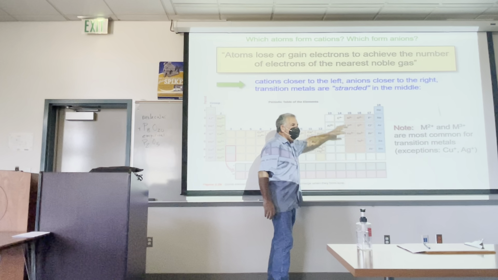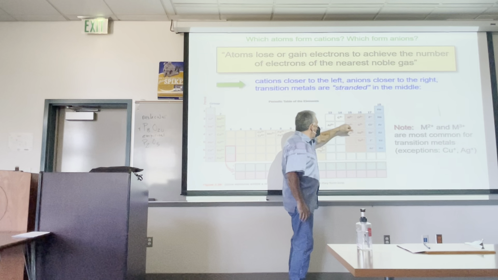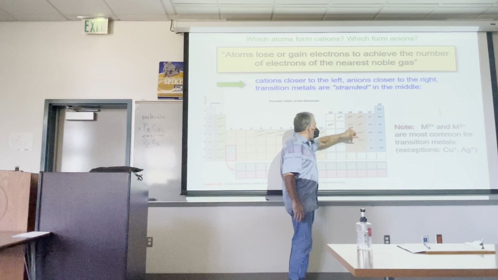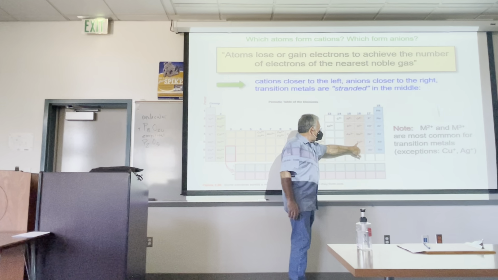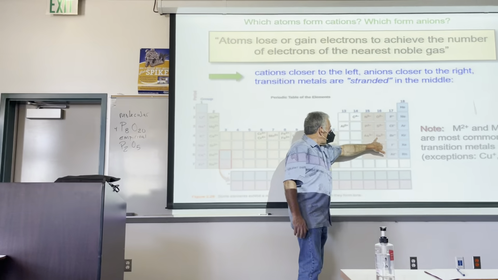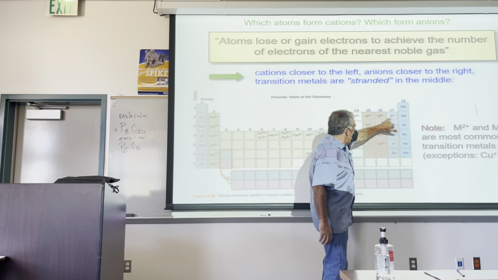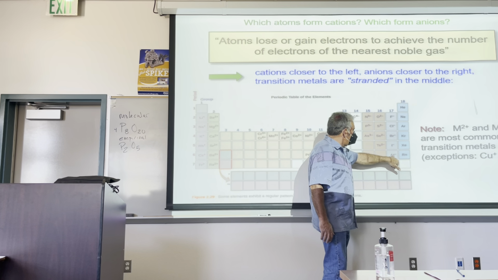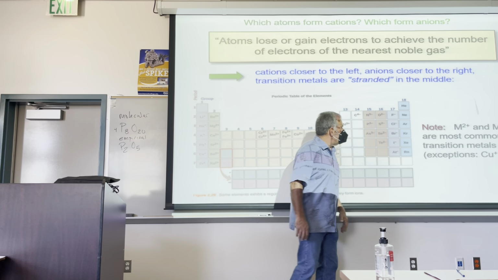Carbon can be at the end and be an anion and be a 4-. And they call that, so carbon to carbide, nitrogen to nitride, phosphorus to phosphide, arsenic to arsenide, tellurium to telluride, selenium to selenide, sulfur to sulfide, oxygen to oxide, fluorine to fluoride, chlorine to chloride, bromine to bromide, iodine to iodide, astatine to astatide. But who makes those? There's only 1% of those available anyway.